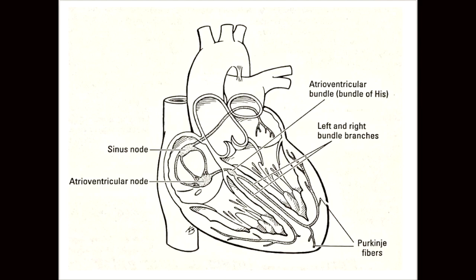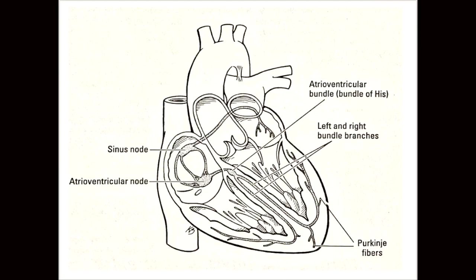Where the septum widens, the AV bundle splits into the right and left bundle branches, and each branch extends down under the endocardium and then up along the outside of the ventricles. And these bundles also carry cardiac impulses.